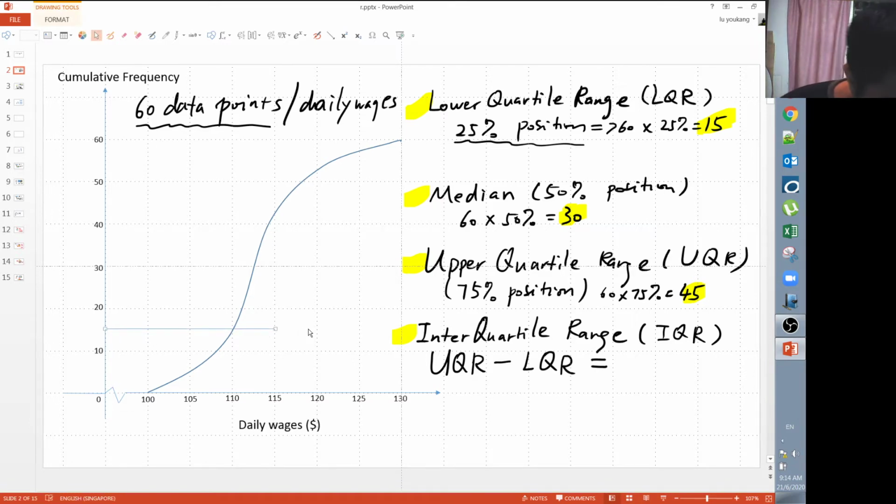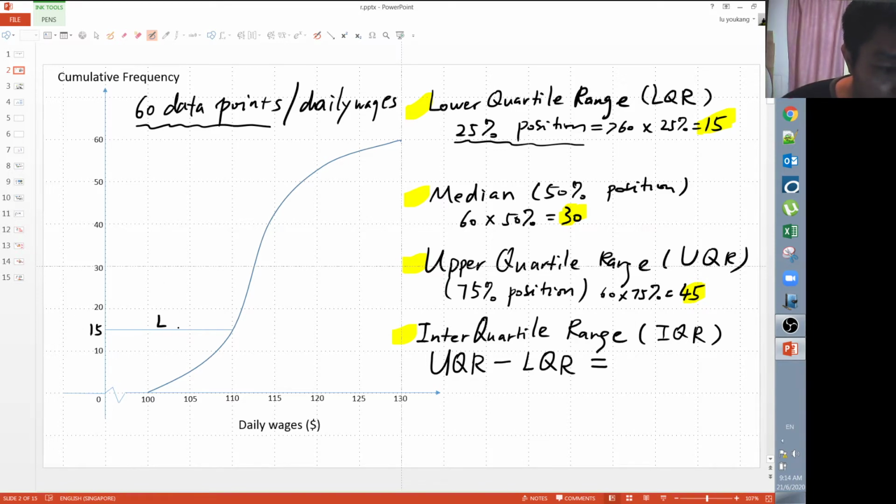So this is your 15 position, or your 25% position, which is the 15th on the vertical axis.